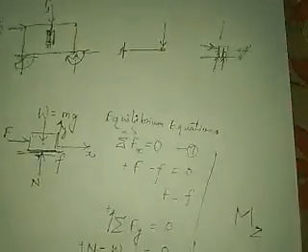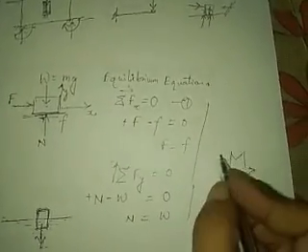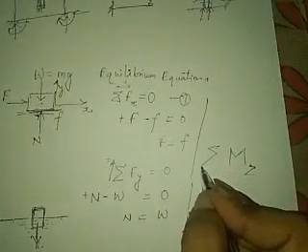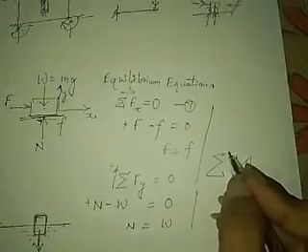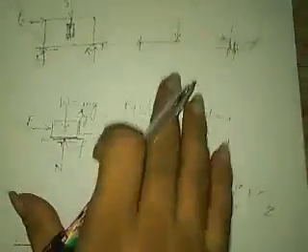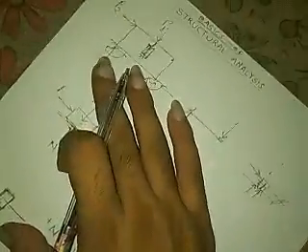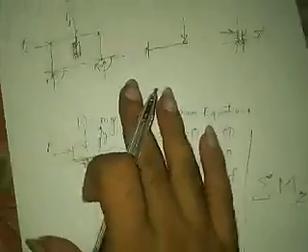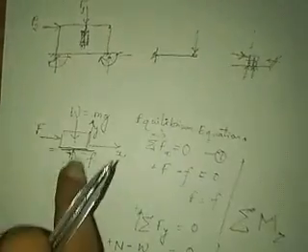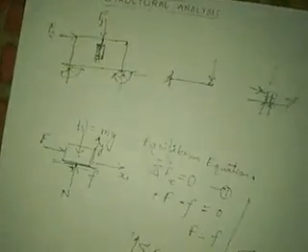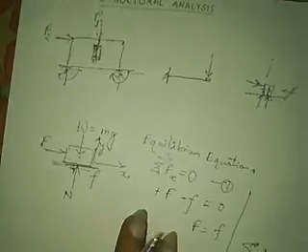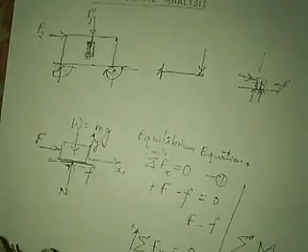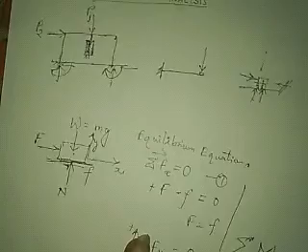So that is the thing, and the equilibrium equation will be that all the moment acting in this direction must be balanced out, otherwise it must be a moving object. If it is a structure, it must not rotate. It is supposed to take load. It must be stable. If it is a mechanism, then it should be controlled.